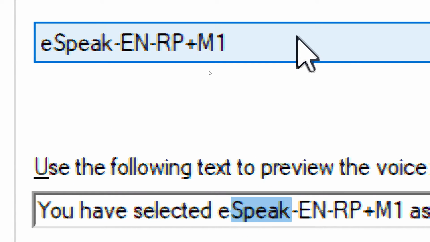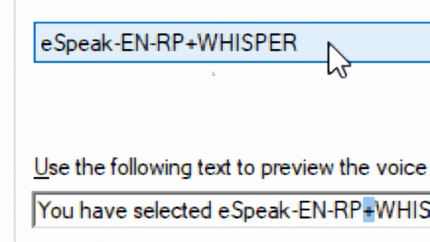You have selected eSpeak ARP plus M1 through M7 as the computer's default voice, in turn. You have selected eSpeak ARP plus Whisper as the computer's default voice.